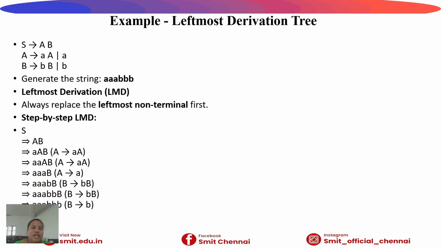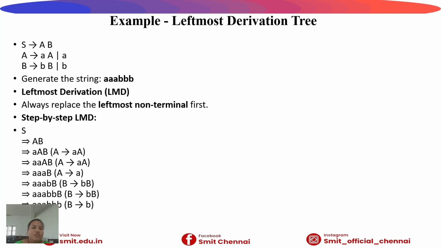S is substituted by A B. Since leftmost derivation goes first, A is substituted by a A, and then the next step is again a A, giving a a A B. Then the fourth step: A is substituted by small a once, and the remaining is capital B.